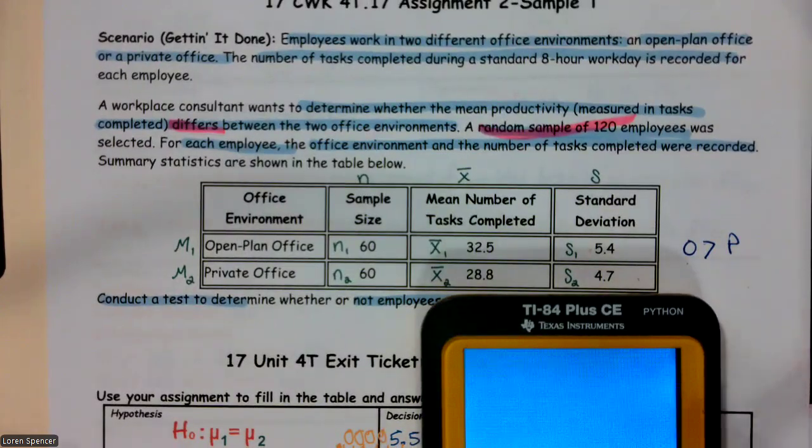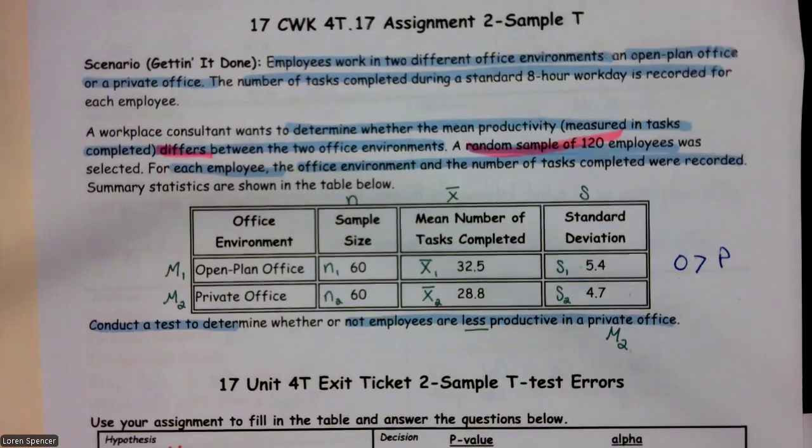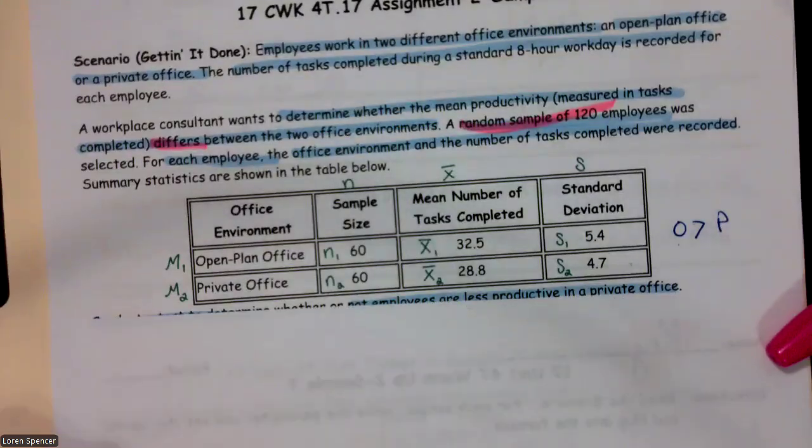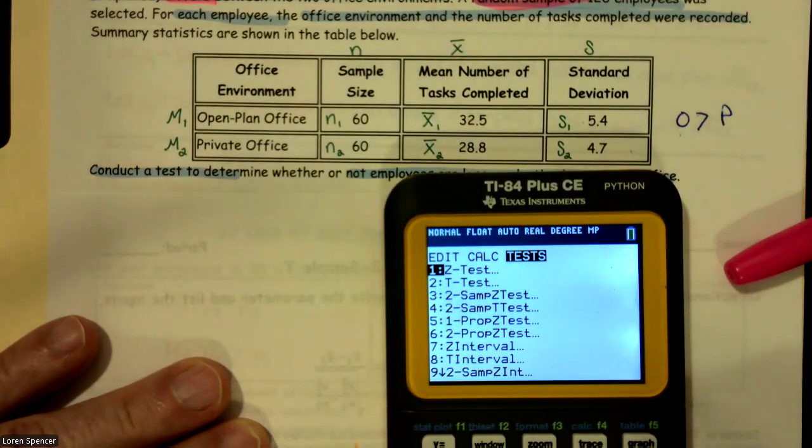So coming back, we go stat, test, number 4. All right, stat test number 4, and that's a 2-sample t-test.